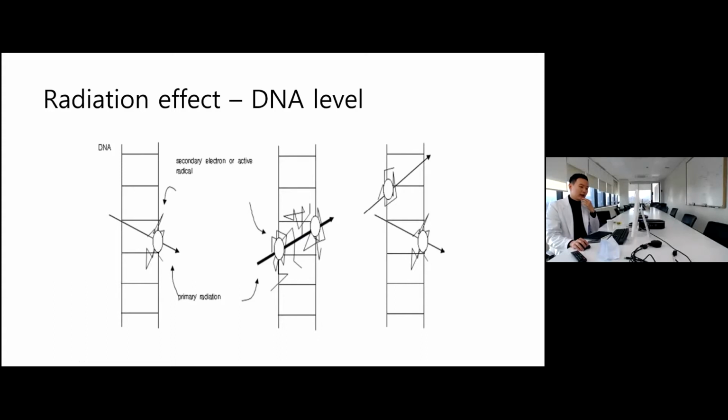And even when some cells die, they can actually be replaced by other cells in the tissues. However, when there is a large number of cell death or degeneration, there is a possibility of a deterministic effect. But the starting point of these events is the damage of the DNA.